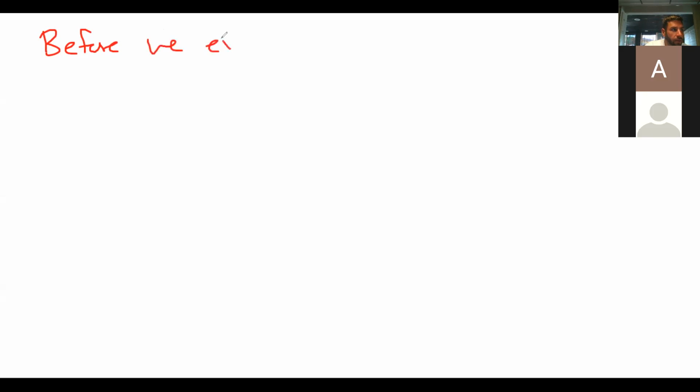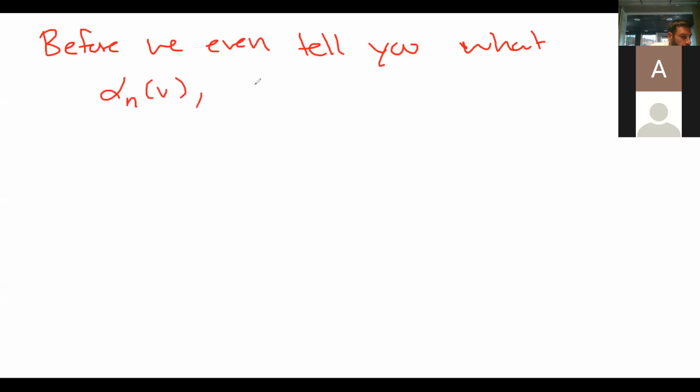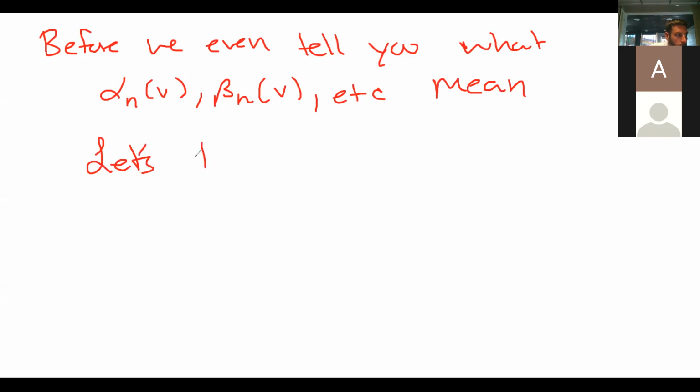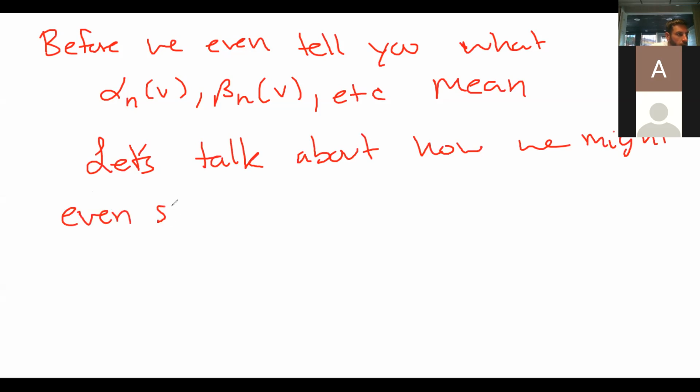Before we even tell you what alpha n of v, beta sub n of v, etc. mean, let's talk about how we might even solve this on a computer.